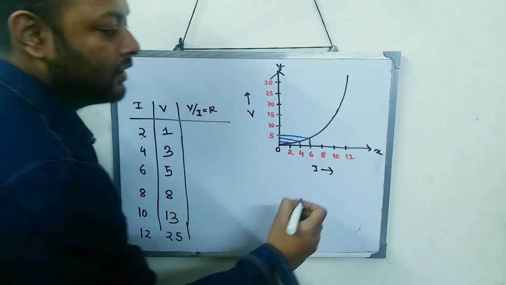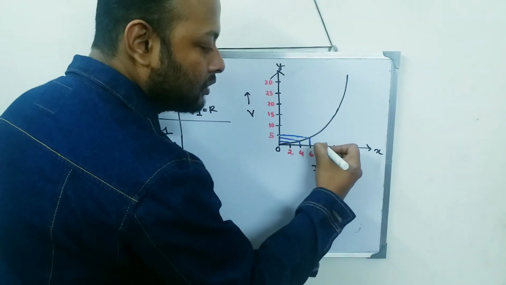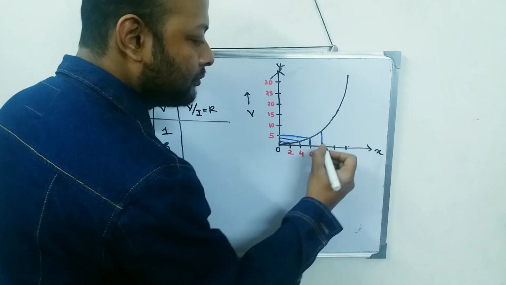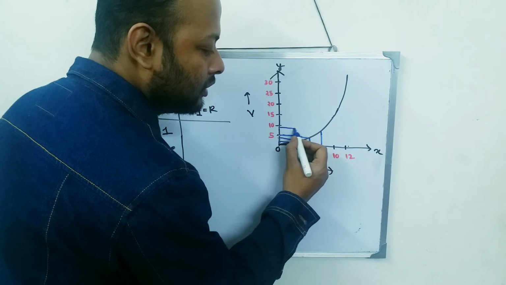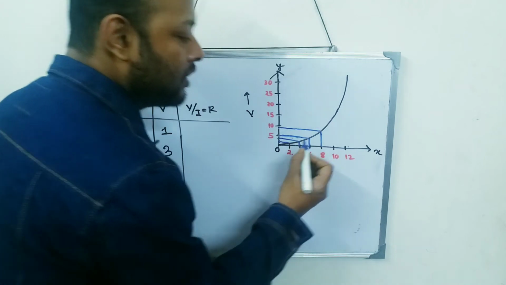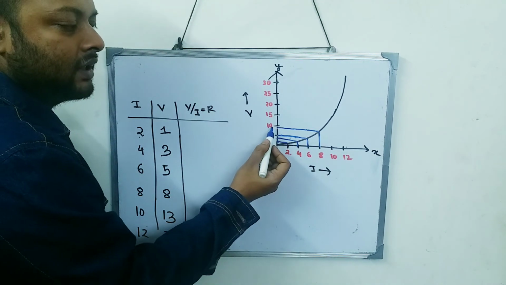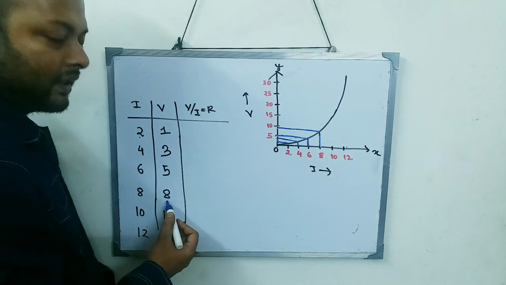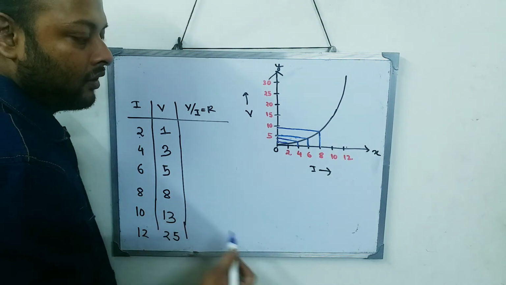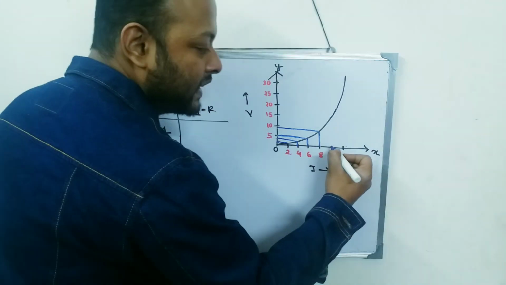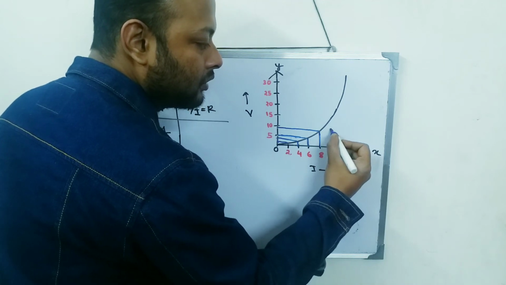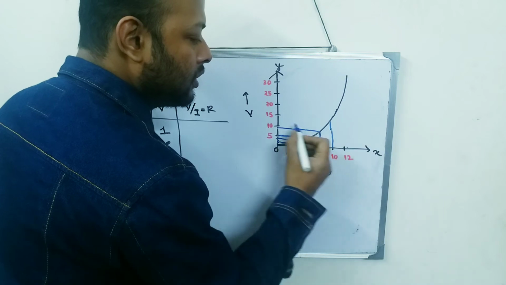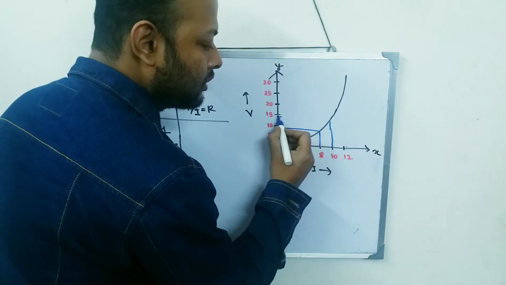Now when the current is 8 ampere, I get something like this over here. The voltage is less than 10, which I have taken as 8 volt. Now when the current is 10 ampere, if I go up, it comes somewhere over here.